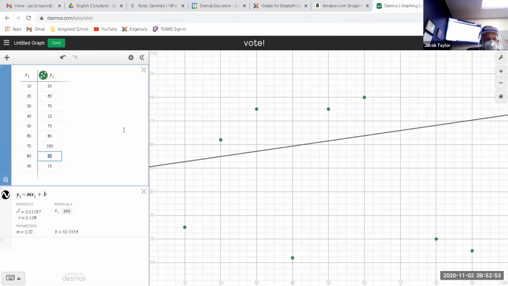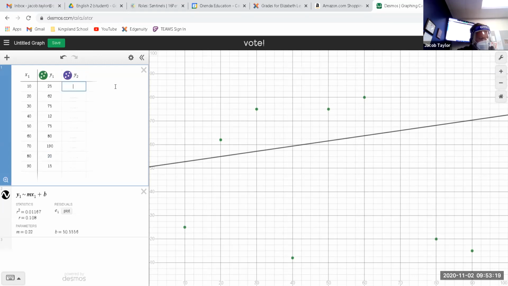That one's 190. There we go. Sorry, so r is 0.108. That's a pretty weak correlation. Are those points going up? Yeah, they are, but not really anywhere close to a straight line. So we would say that this has a weak correlation.